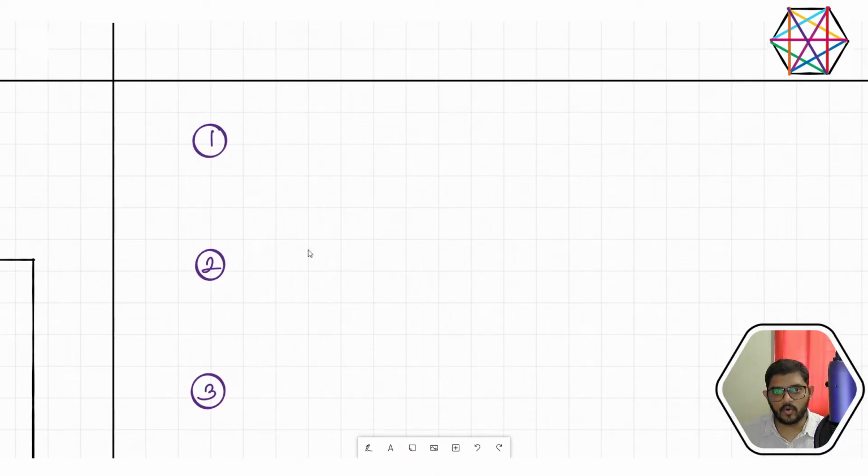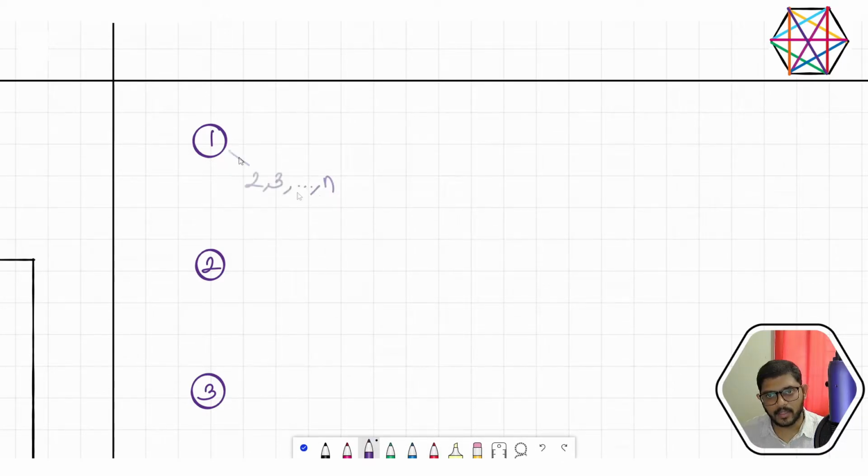If the root node is 1, the remaining n minus 1 numbers, 2, 3, 4, all the way till n, they all should be part of the right subtree, because all these numbers are greater than 1. So all these remaining n minus 1 numbers will go here, and nothing goes here. So this is empty. Nothing goes to the left subtree.